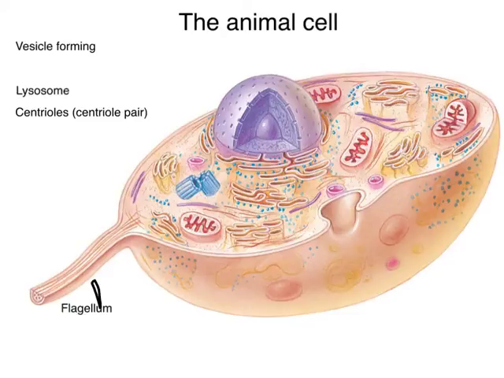Now that flagellum isn't going to be on every animal cell. It's only going to be on some. But it is an organelle that is used for movement. So cells that require movement, like sperm cells, for instance, would have a flagellum. Cheek cells would not have a flagellum. Egg cells would not have a flagellum.